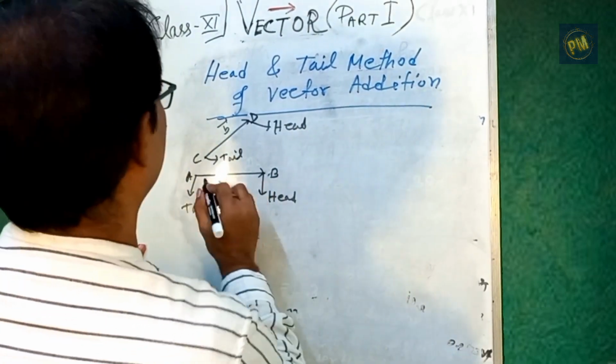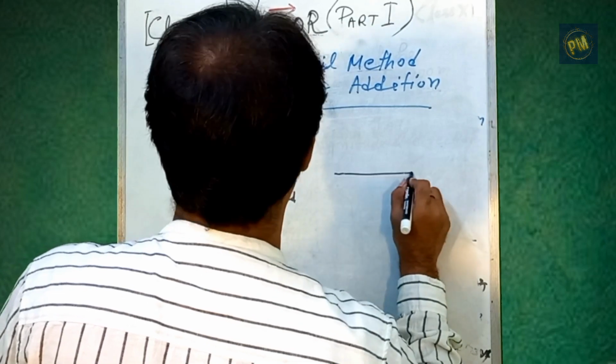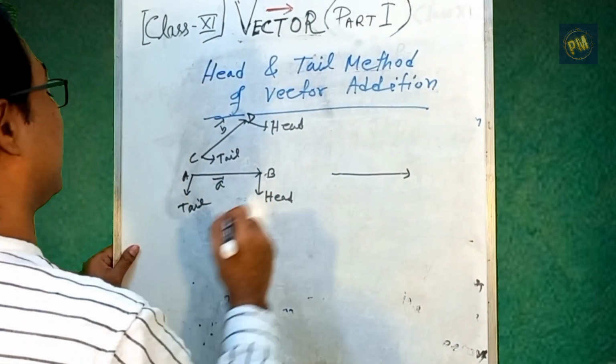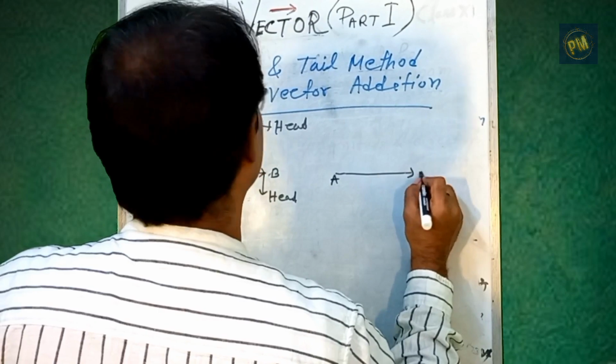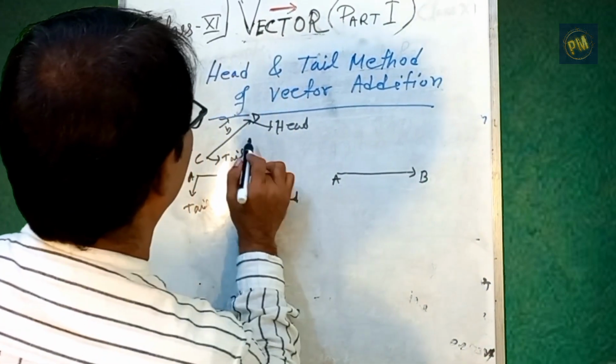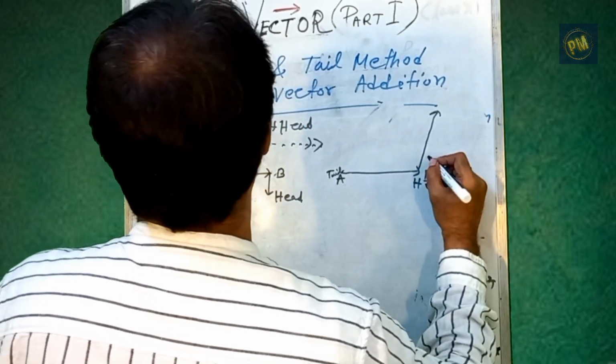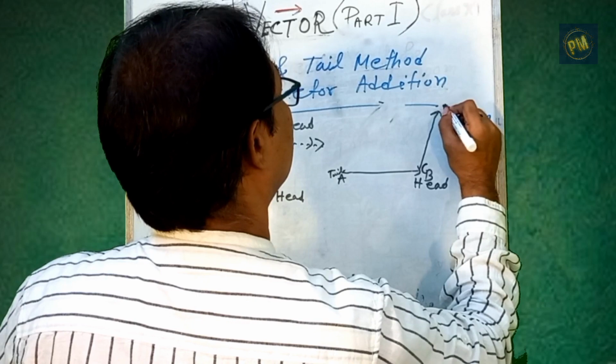Just shift the vector AB parallelly to this place without changing the magnitude and direction. This is now AB, and CD is the vector shifted parallelly to this position. This is C and this is D.